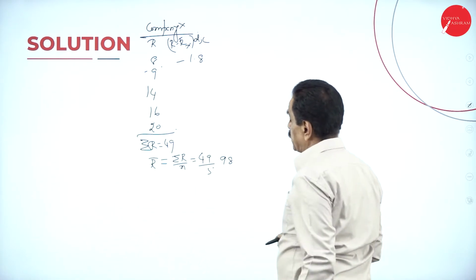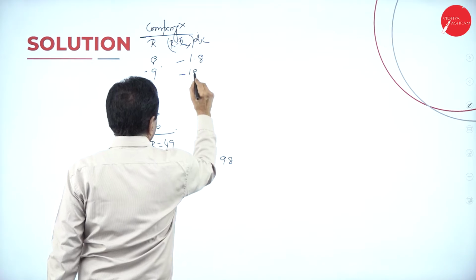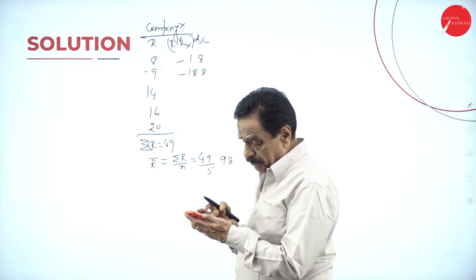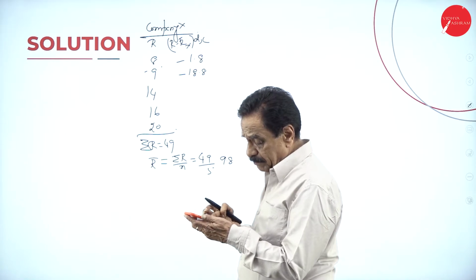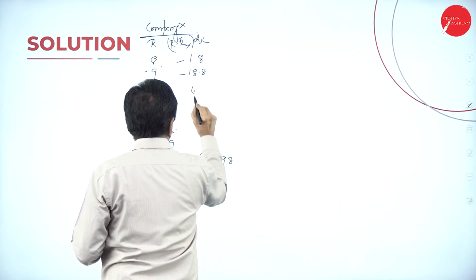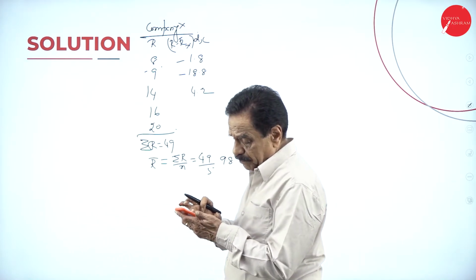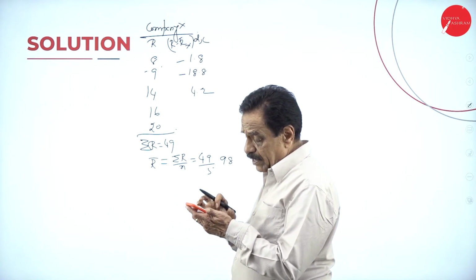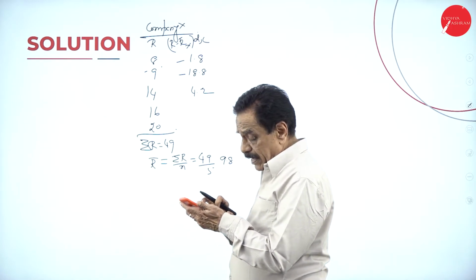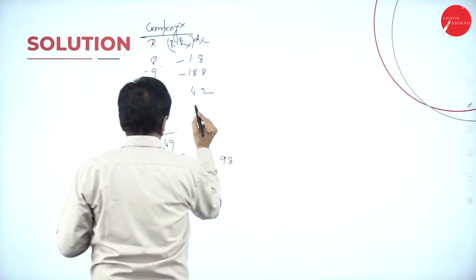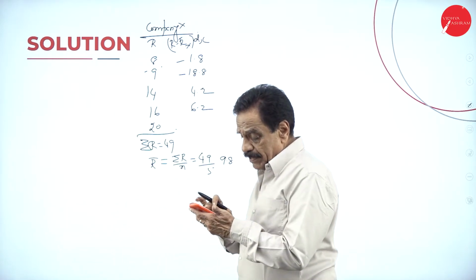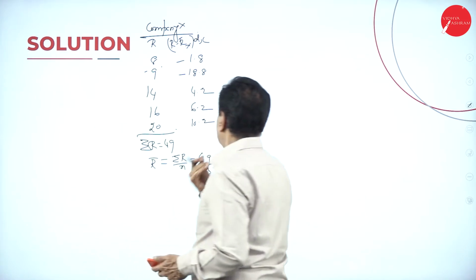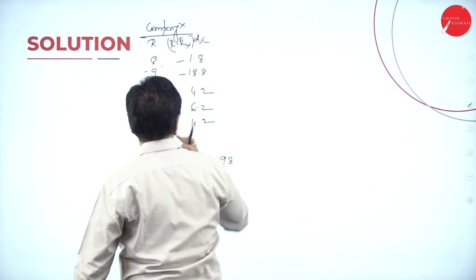Minus 9 minus 9.8 is minus 18.8. 14 minus 9.8 is 4.2. 16 minus 9.8 is 6.2. 20 minus 9.8 is 10.2. This is your deviation, dx.